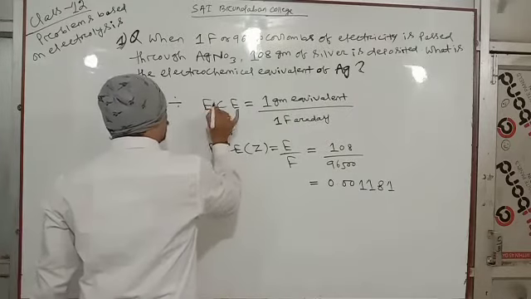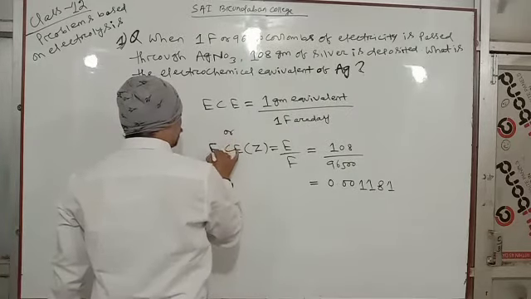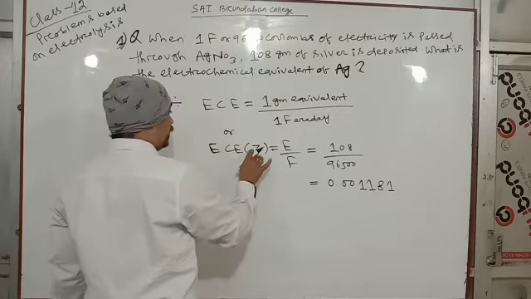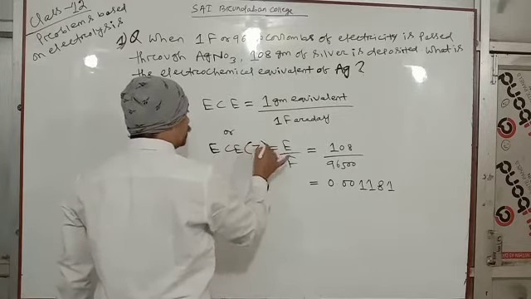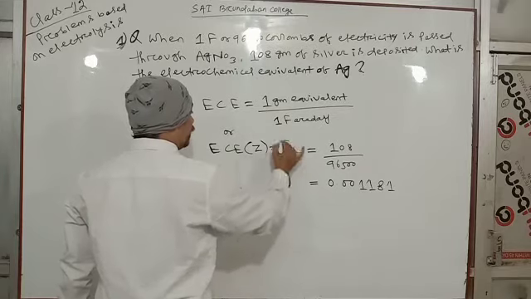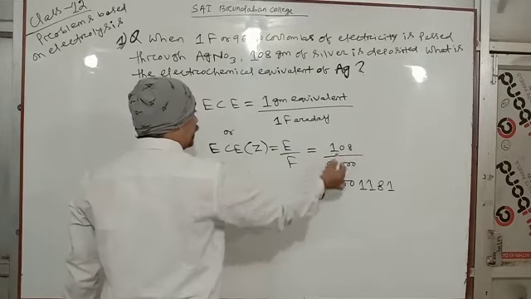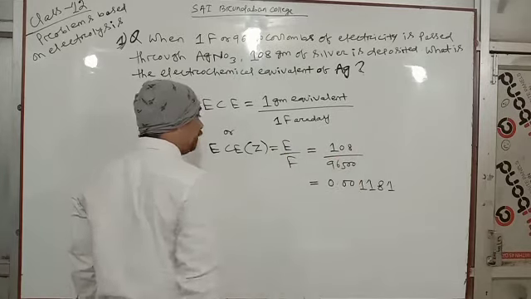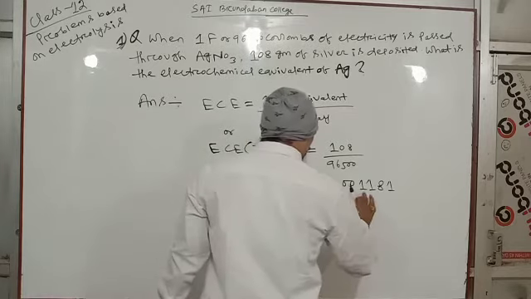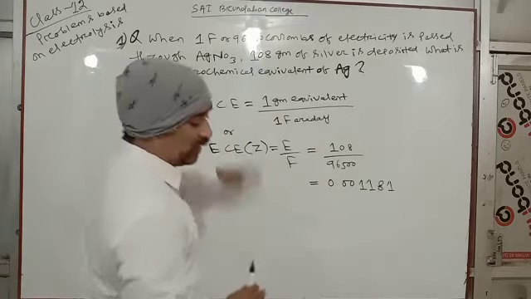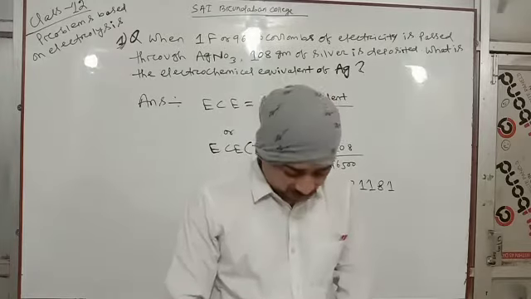EC or Z equal to E by F. E is 108 by 96500 coulomb, that is 0.001181. So this is the answer. This is the first question. Next, question number 2.